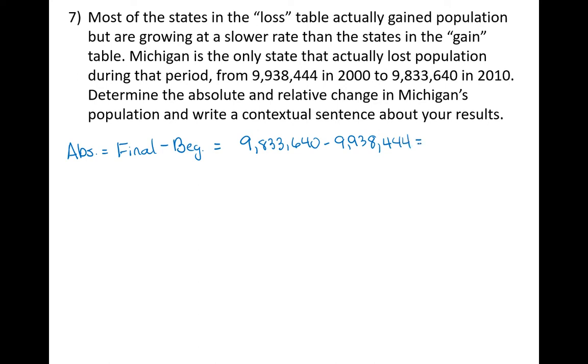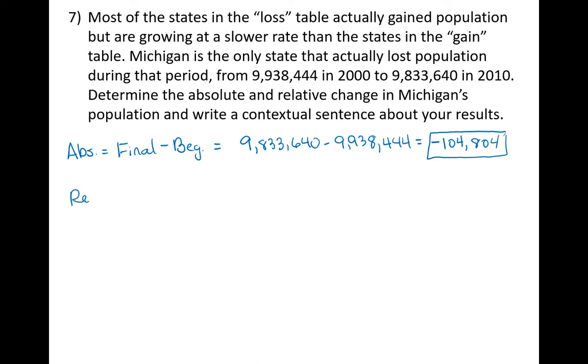This is going to come out to be negative. It's a loss. 9,833,640 minus 9,938,444. And it's a negative 104,804 people. That's how many people, how much the population went down.